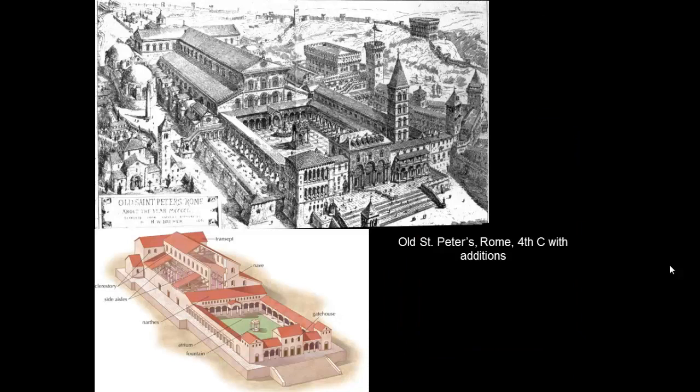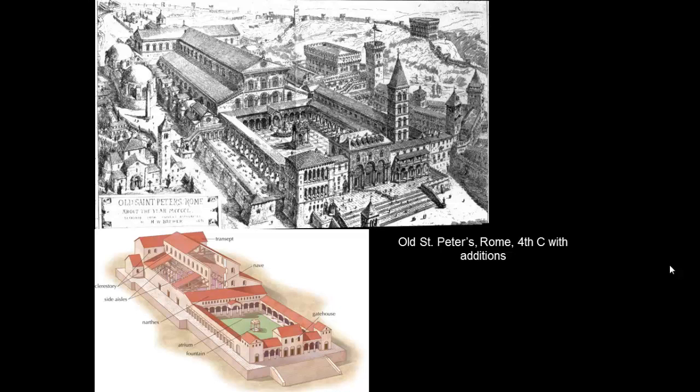Bramante's other really, really well-known project was the beginning of the reconstruction of the Church of St. Peter's. So the reconstructions I'm showing you here are of Old St. Peter's, the church built by Constantine in the early part of the 4th century. It had remained standing with later additions and some restorations, of course.